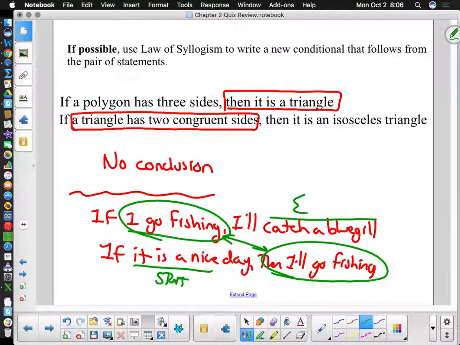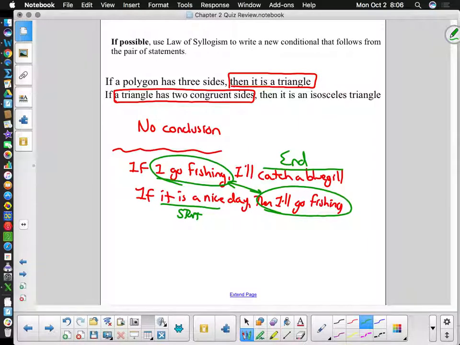And here's the end of the chain. And remember, if we're going to write our conclusion, then my conclusion would be if it is a nice day, then I'll catch a bluegill. I can't spell. So be careful with those, please.